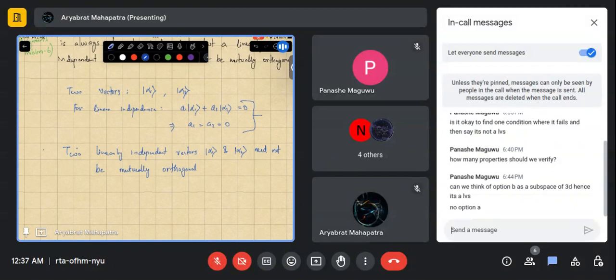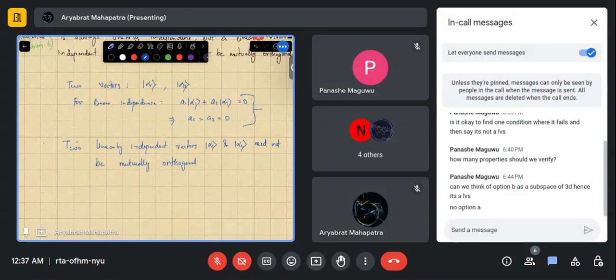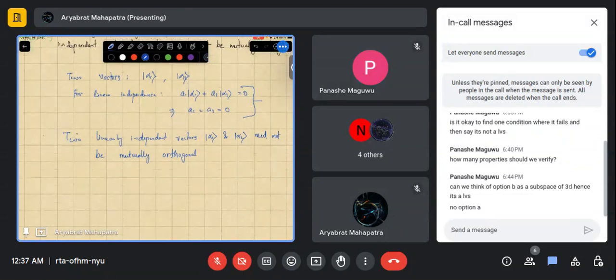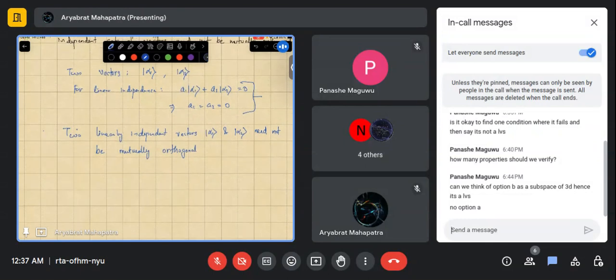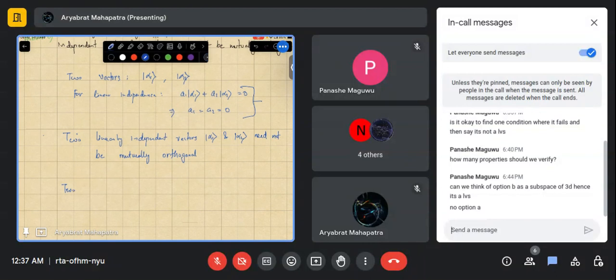You can arbitrarily construct two vectors which would be linearly independent, where you cannot express one using the other, but still they can be orthogonal. Now, say these two vectors alpha 1 and alpha 2 are orthogonal.